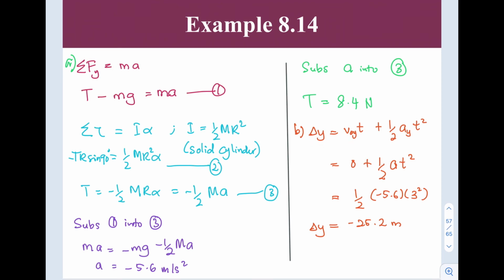So we use the kinematics equation, delta y equal to v naught y t plus half a y t squared. Since it starts from rest, v naught y is 0, and a y is the A calculated in part A. Substituting t as 3 seconds gives delta y equal to negative 25.2 meter.